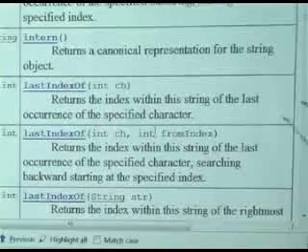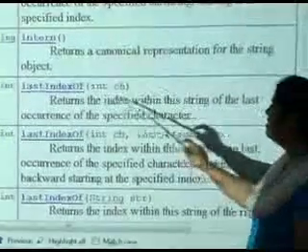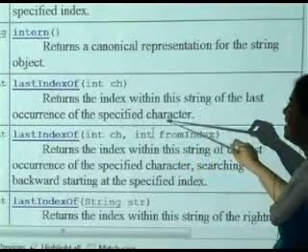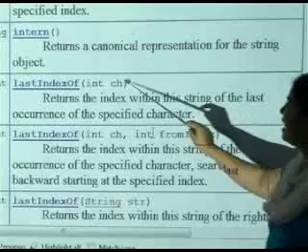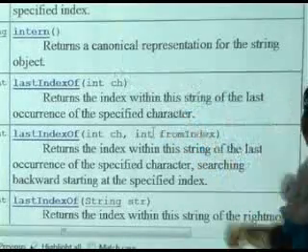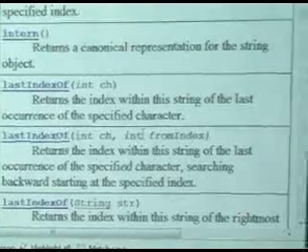lastIndexOf, it's saying that it returns the index within the string of the last occurrence of the specified character. Now I have to give the character again in the form of an integer. Suppose, I'll explain what this means.